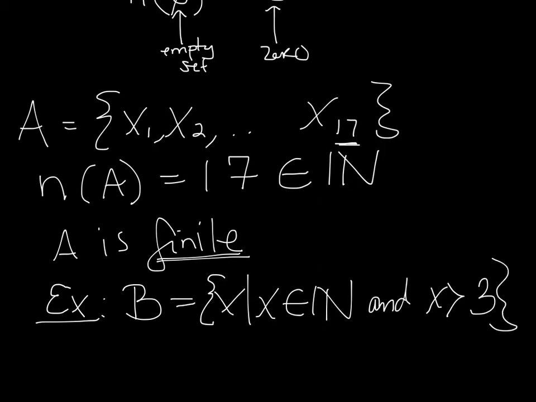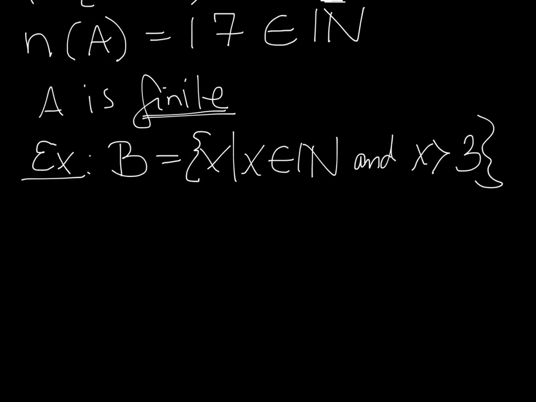Okay, this is in set builder notation. So I want to know, is this set B a finite set? Can I actually count the number of elements in it? Or is it infinite? Does it keep going and going and going?